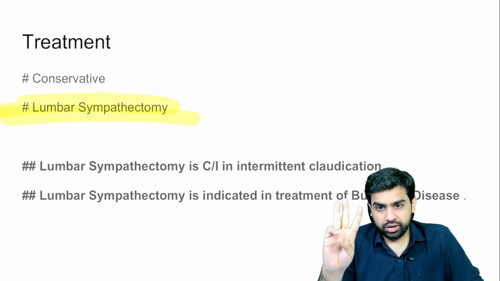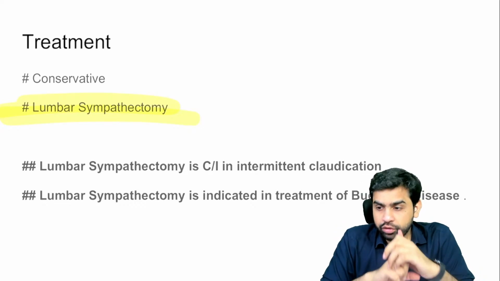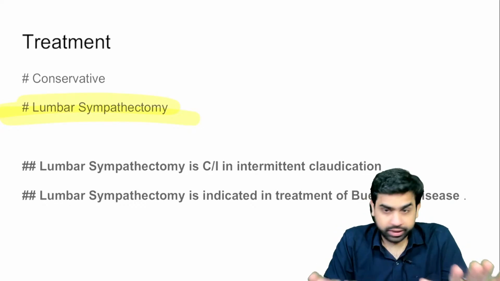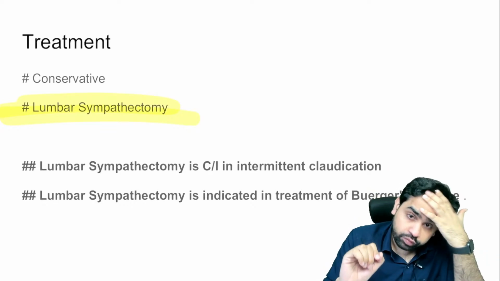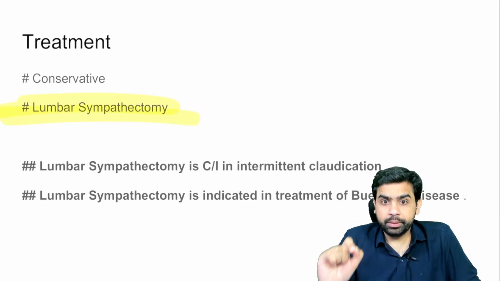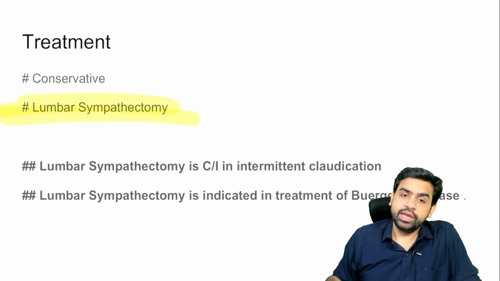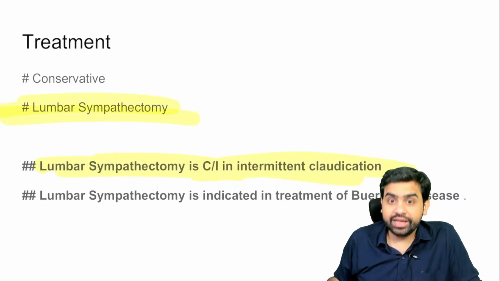Three statements, rather. If I tell you that lumbar sympathectomy is the treatment for Buerger's disease, the answer is yes, it's kind of a true statement. But if the predominant symptom of the patient is intermittent claudication, lumbar sympathectomy is contraindicated, because that is what is going to increase the symptoms.